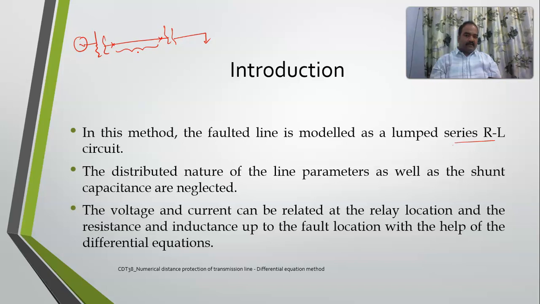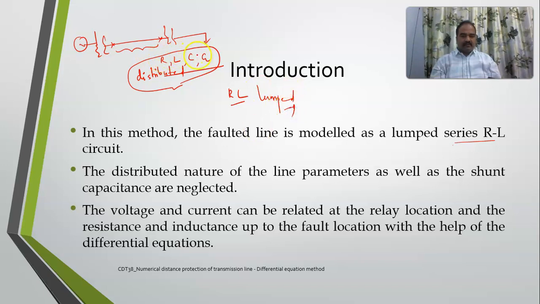So it will have R, L, C and G, all 4 parameters. And normally all these elements are distributed. This is what happens in practice. But because of computational limitations, I am considering only R and L, that my transmission line can be represented with R and L, and that too I'll assume that these are lumped elements.